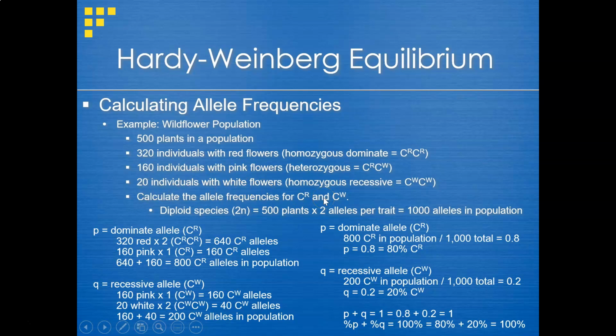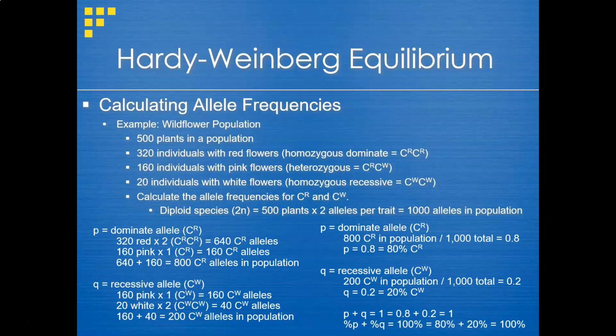Again, because of this being incomplete dominance, that means I know that they are homozygous recessive, so they have 2 copies of the white allele and thus are contributing 40 alleles of the recessive type to the population. Add that together, the 160 from the heterozygotes plus the 40 from the homozygous recessives, and I have 200 recessive alleles in the population. Now, when we talk Hardy-Weinberg, we're talking about this as a frequency within the population itself.